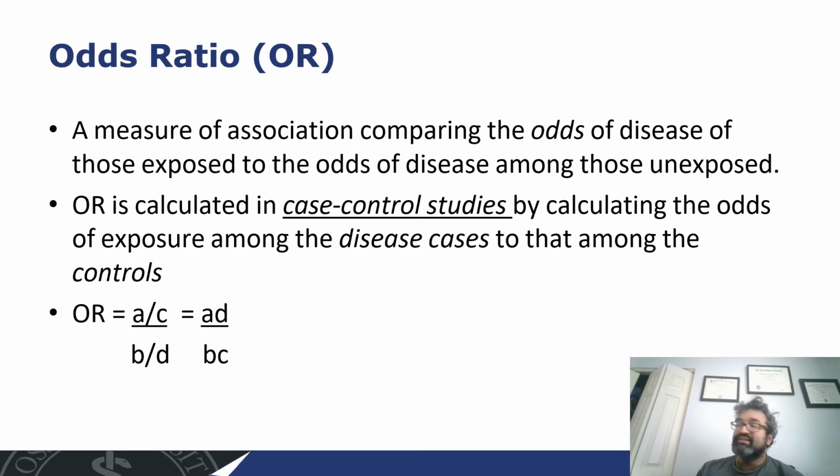So when you're thinking about the calculation or equation for odds ratio in case control studies, you multiply A times D over B times C, and that's the odds ratio.